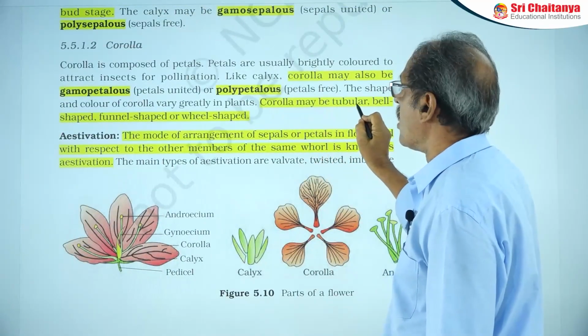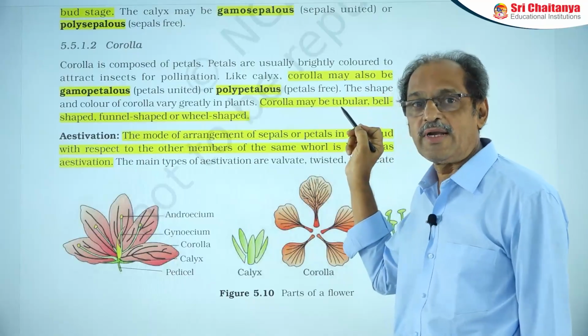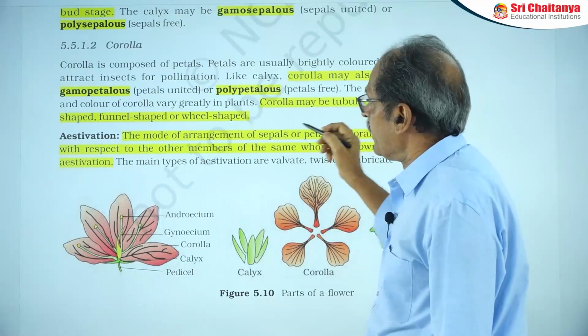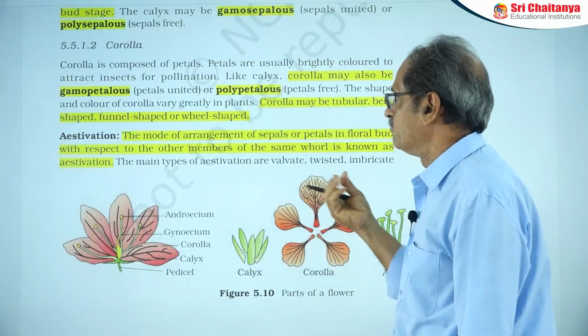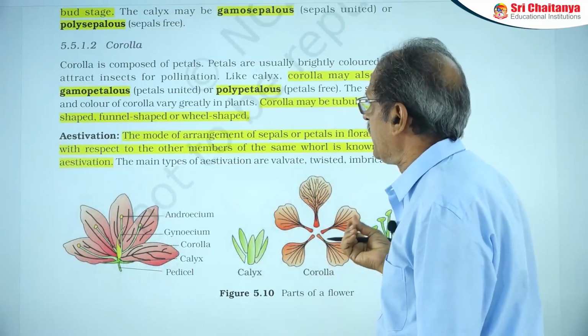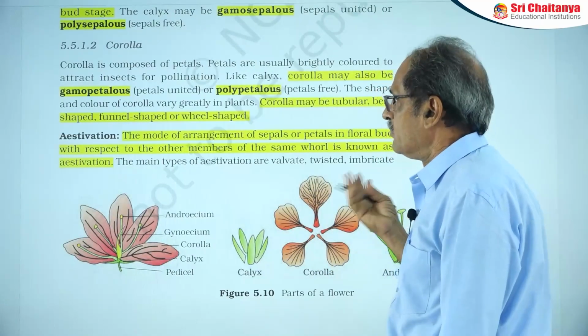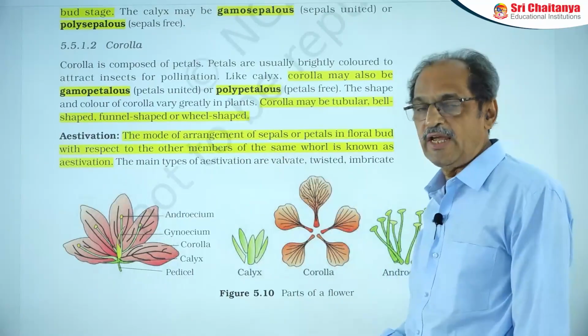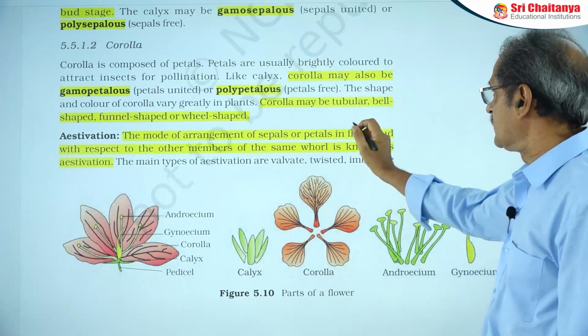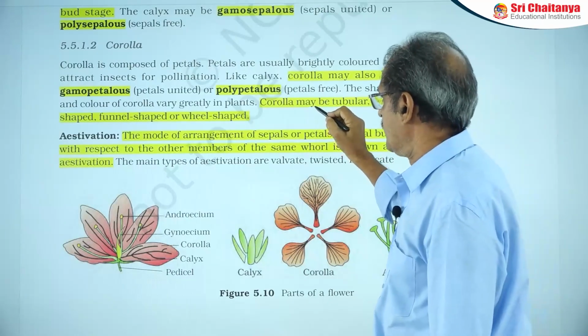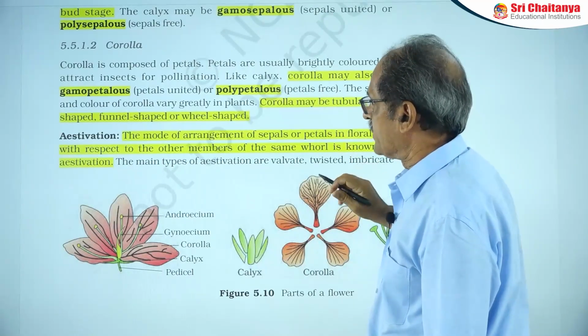Corolla may be tubular, for example, disc floret of Asteraceae. Bell shaped, that is Atropa in Solanaceae. Funnel shaped, Datura in Solanaceae. Wheel shaped, Solanum, Solanaceae. So he mentioned the shapes of petals also here.